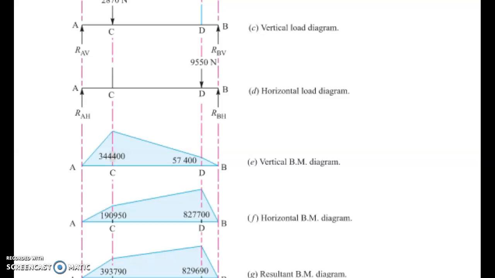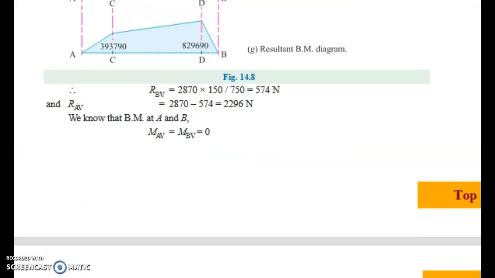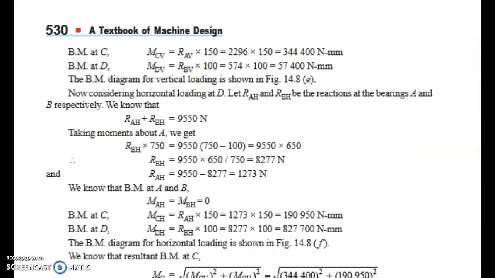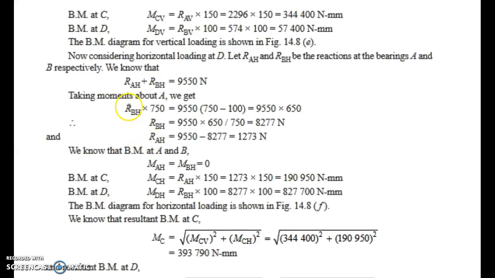Okay. Now we can go for the horizontal bending moment diagram. How do we calculate it? In the same manner as the vertical direction. RAH plus RBH is equal to 9550. Now taking moment about A, RBH into 750 is equal to, using this equation, we will get the value of RBH. Once we get RBH, we can find the value of RAH. If we have these two values, we can go for the bending moment.